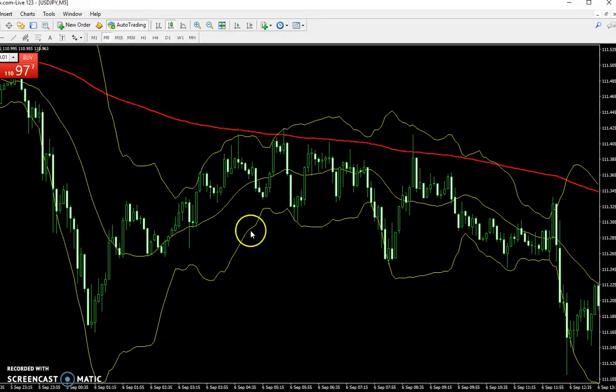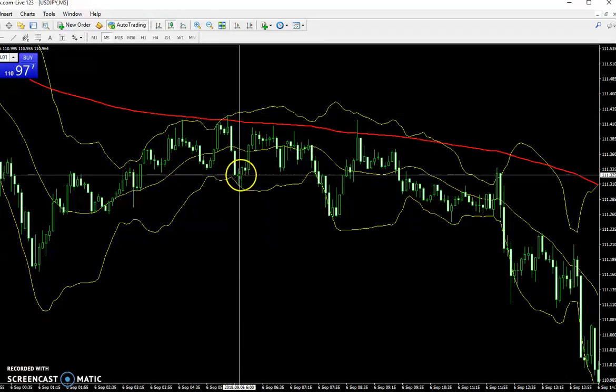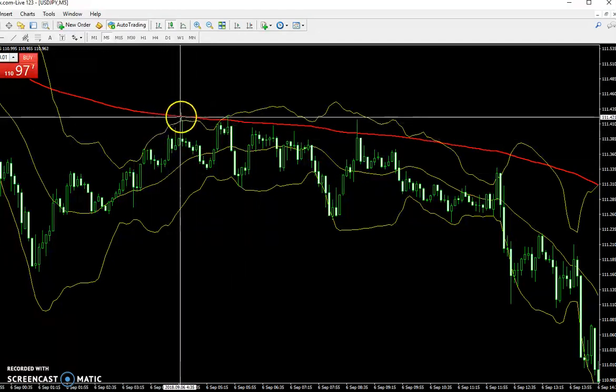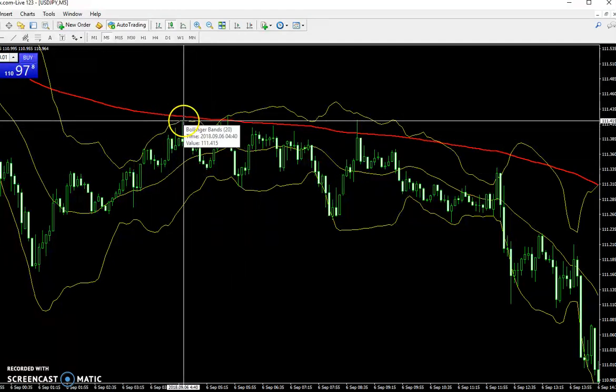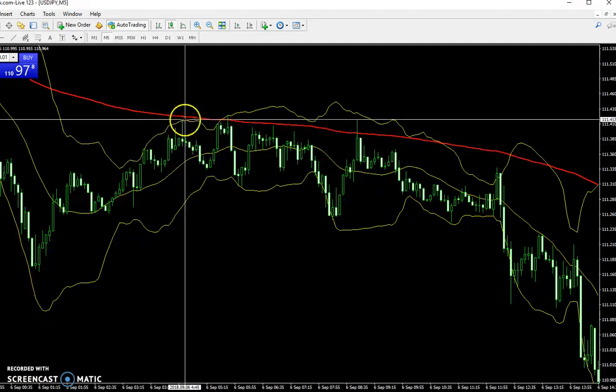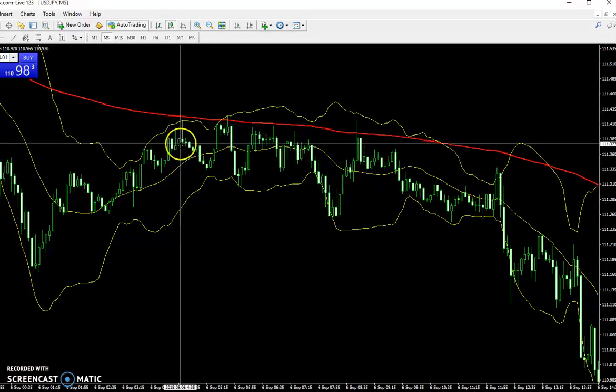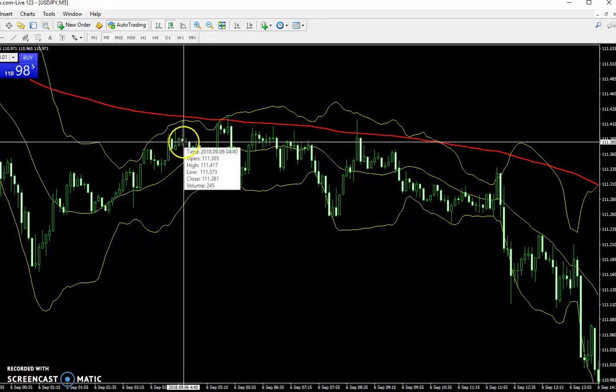Let's see. Here, this touched the upper band below the 200, so we're looking for shorts. If you know candlestick, I think they call this a shooting star because it went up and back down. You would enter at the close of this candle, and the aim is to hopefully reach the bottom part of the band.